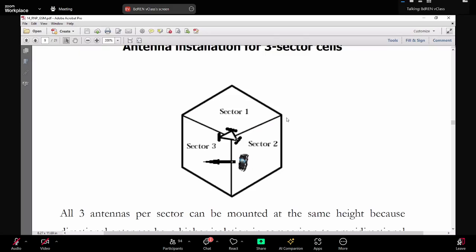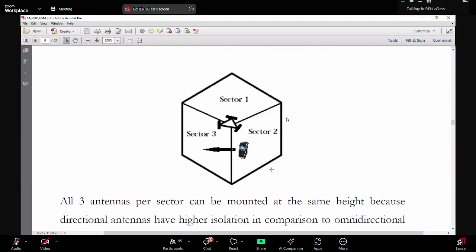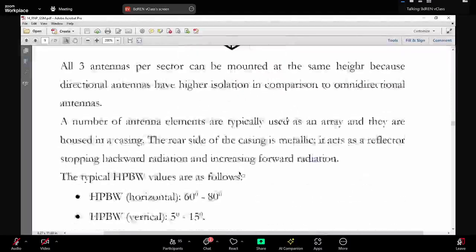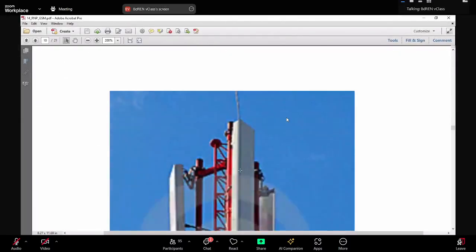In some other applications, you may have some users in the other direction. But in the cellular case, when you are installing the antennas, you have the whole cell area ahead of you. So backward transmission does not help at all.